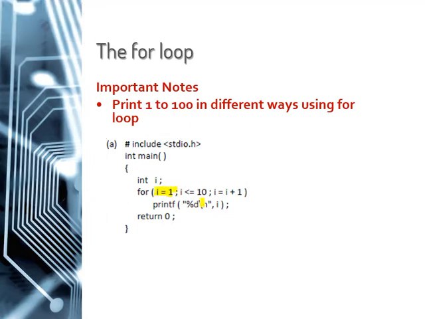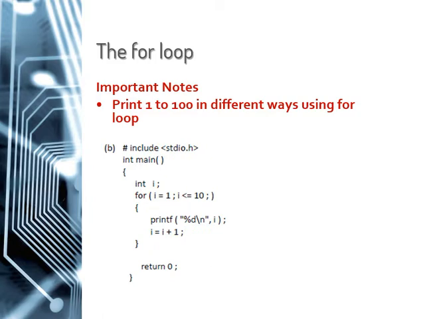Tapos, atong giset nga I must be less than or equal to 10. And then, we incremented our I. So, basically, mo-print ni siya 1 to 10, di ba? Okay, initialize ta og 1. So, ayan, testing is dapat ang I is less than or equal to 10. And then, every loop I is added by 1. Okay.